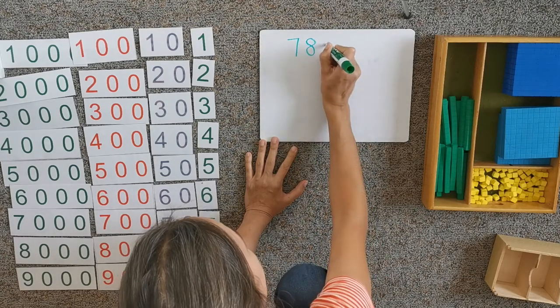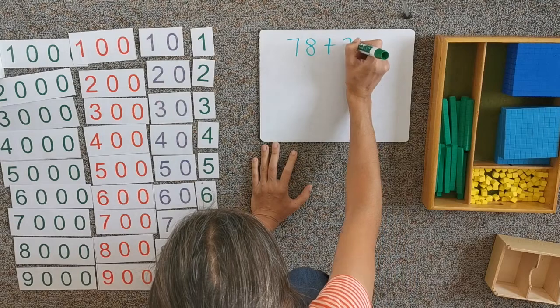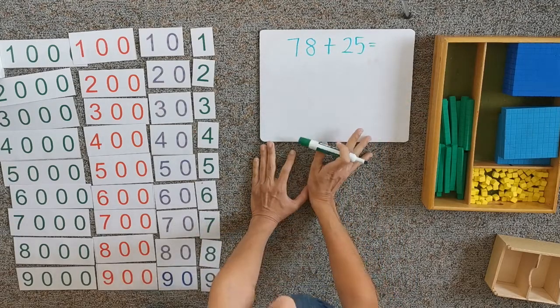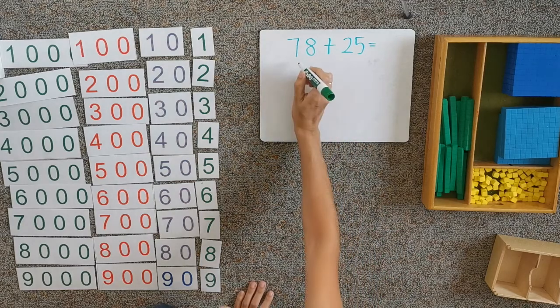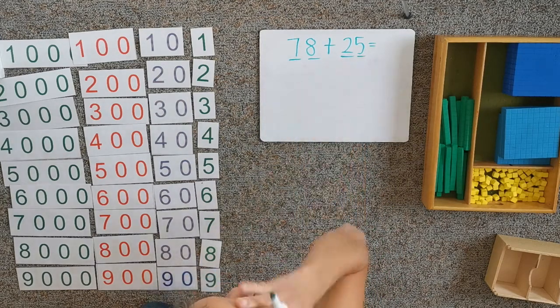78 plus 25. Uh-oh. A 2-digit number and another 2-digit number.